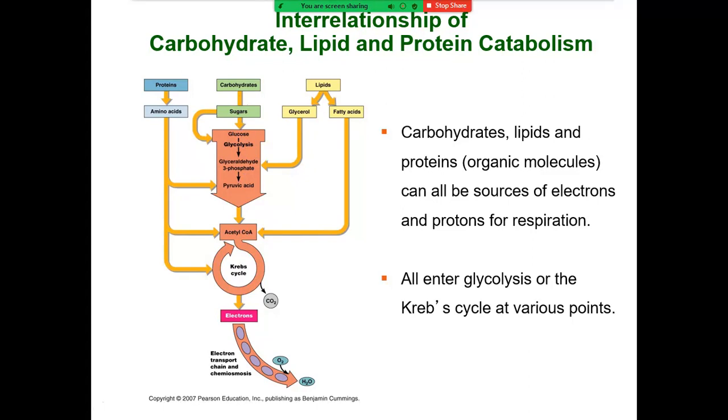Lipids are a little different. They'll be broken down into glycerol and fatty acids. Glycerol is then converted and joins the Krebs cycle. Not the Krebs cycle, sorry, glycolysis. And it doesn't start at the beginning, it starts in the middle.